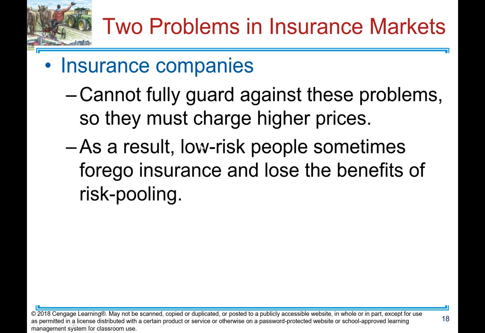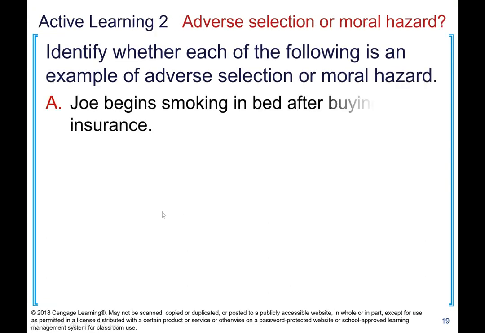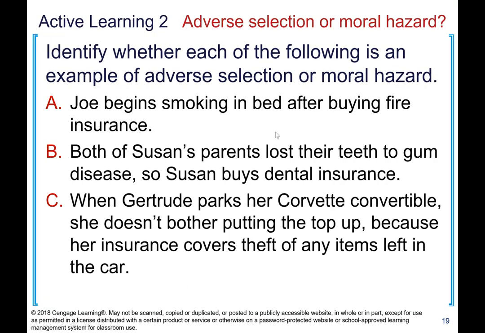So insurance companies cannot fully guard against these problems, so they must charge higher prices. As a result, low risk people sometimes forego insurance and lose the benefits of risk pooling because the cost is high.